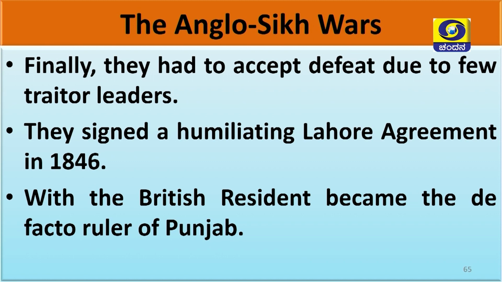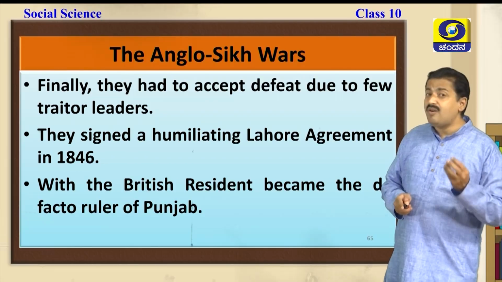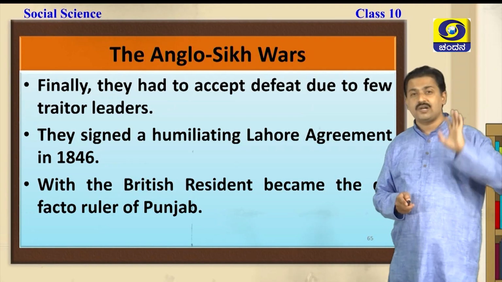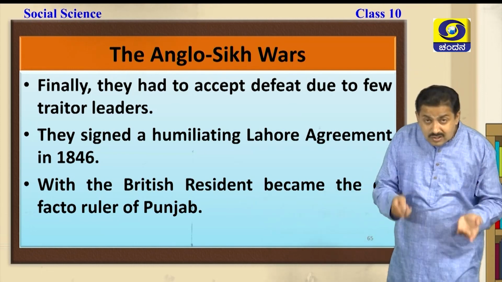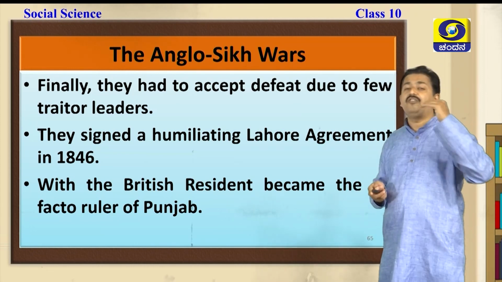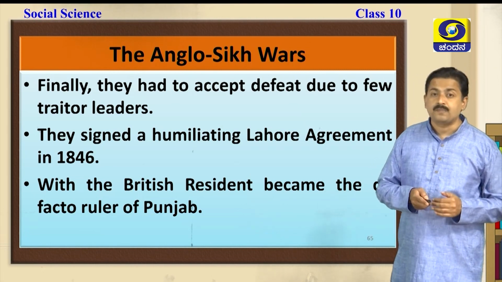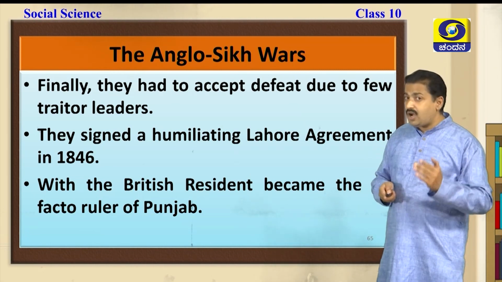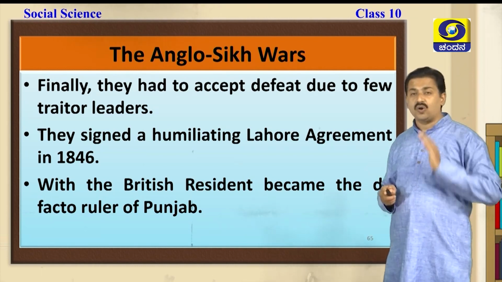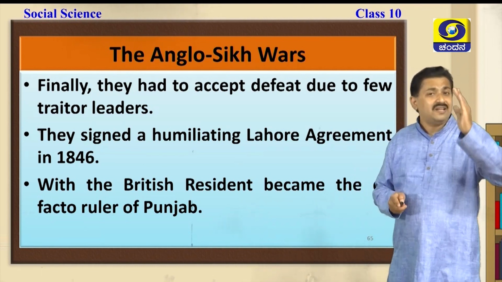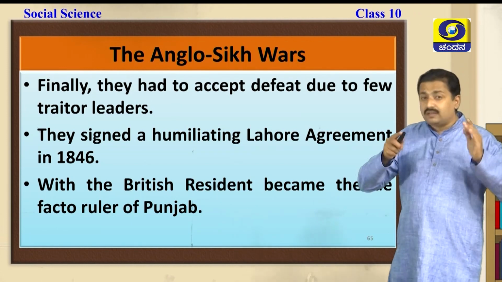They had to accept the defeat due to a few traitors of Punjab. Some of the traitors of Punjab were responsible for the defeat of the Punjab army. Later, Punjab signed a humiliating Treaty of Lahore. A Lahore agreement was signed in the year 1846.